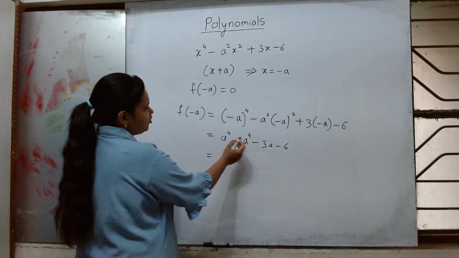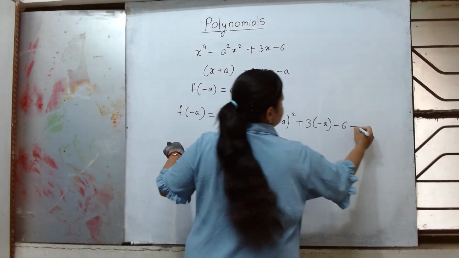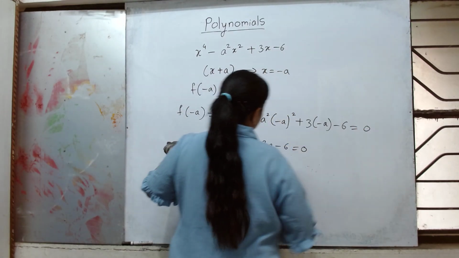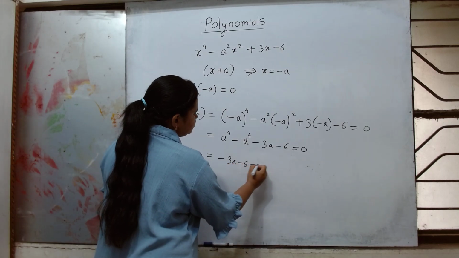Now A to the power 4 minus A to the power 4 is 0. So it is equal to 0. Now minus 3A minus 6 is equal to 0.